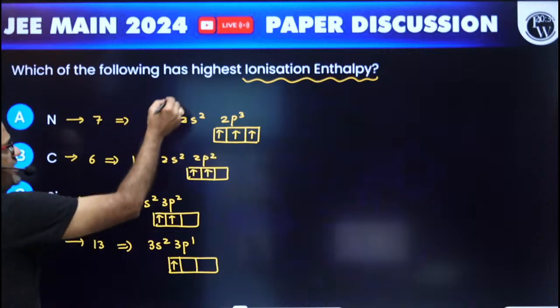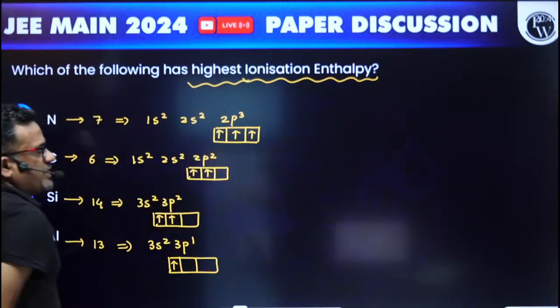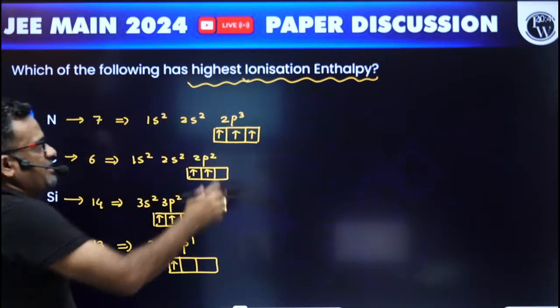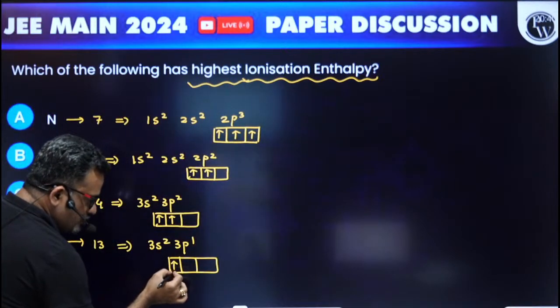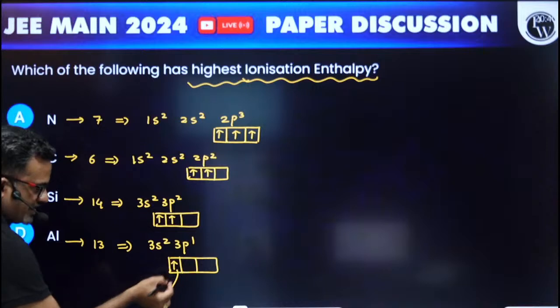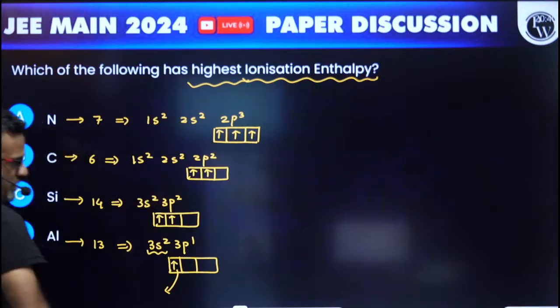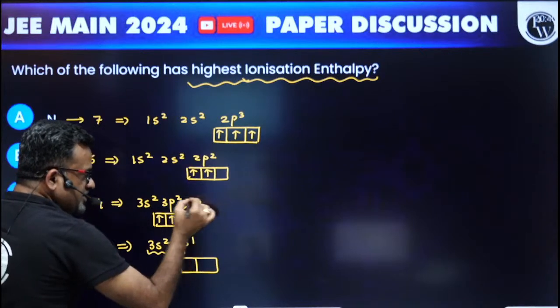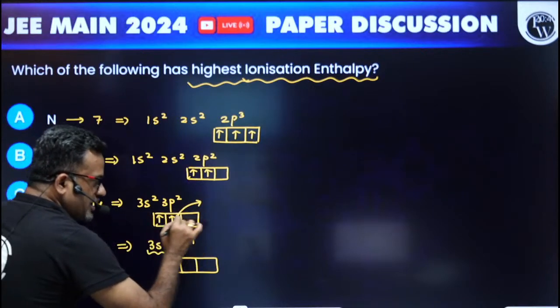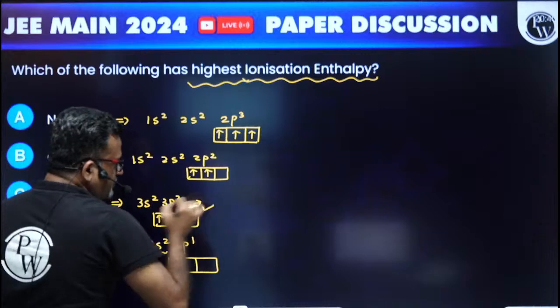Right? Highest ionization enthalpy means very difficult. We require a high amount of energy to remove the electron. Do we require high energy to remove this electron? No, because if I remove this, it will attain its duplet. Do I require more energy to remove this? No, because it is neither half filled nor completely filled. We can still remove this. What about here?